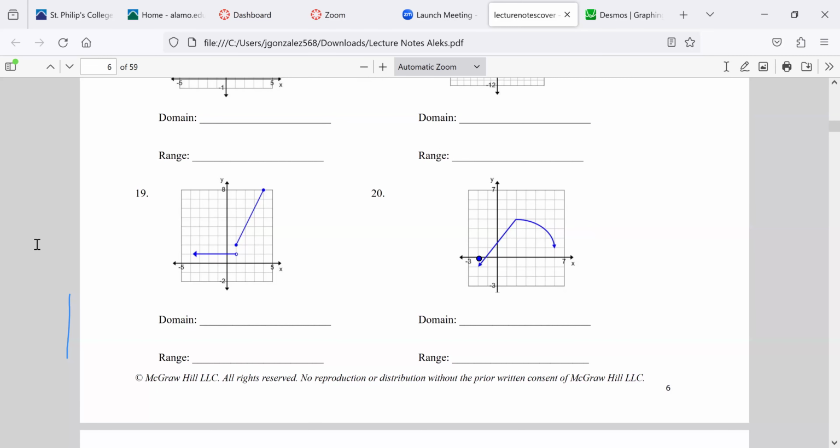Did you try 19 and 20 for a bit? Technically, yeah. But here the union would end up being 8.